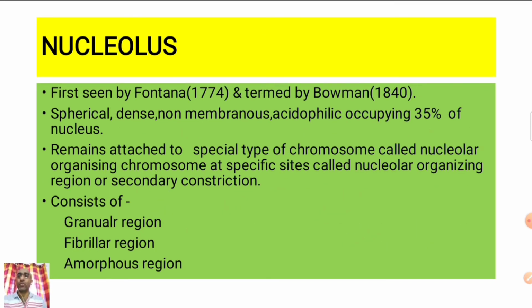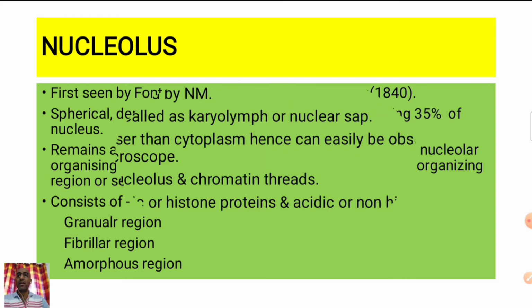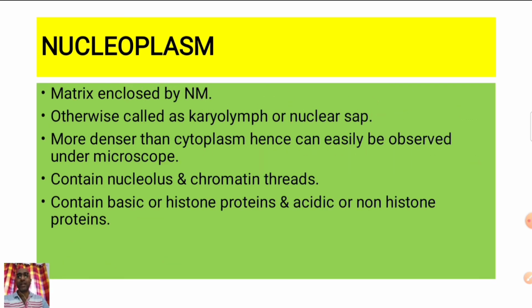Now, nucleolus: it's a spherical, dense, non-membranous structure, which occupies around 35% of the total volume of the nucleus. It is associated with a special type of chromosome called the nucleolar organizing chromosome, at specific sites called the nucleolar organizing region or secondary constriction.